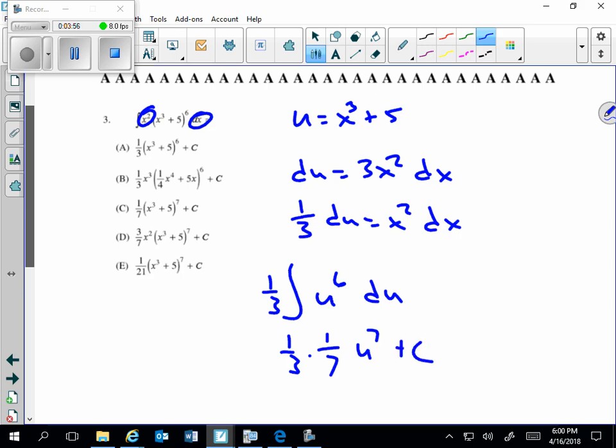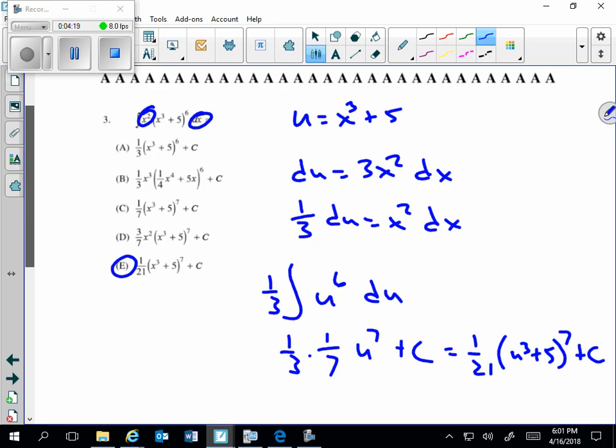Plus c. And when I look at that, I see letter E without even going much further. I get 1/21, and the only one up there that has 1/21 is E. But I would bring the u back in if I were to do this on like a free response or something. And then don't forget my plus c.